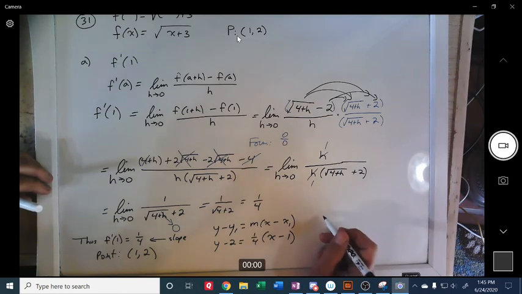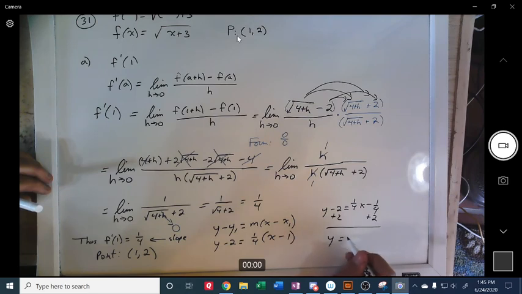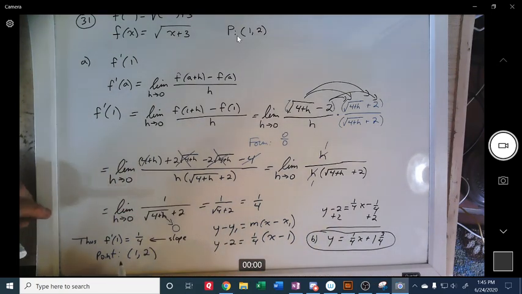And then come up here, y minus 2 is 1/4 x minus 1/4. I add 2. y equals 1/4 x plus 1/3. There's the equation. That's the answer for B, while this was the answer for A.